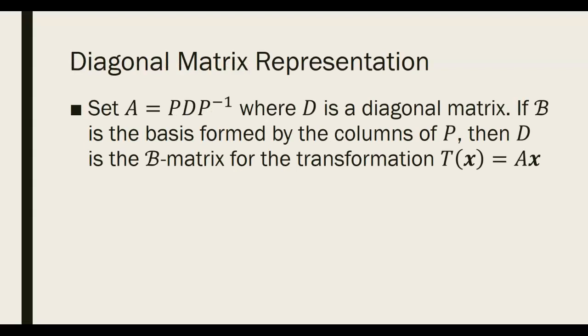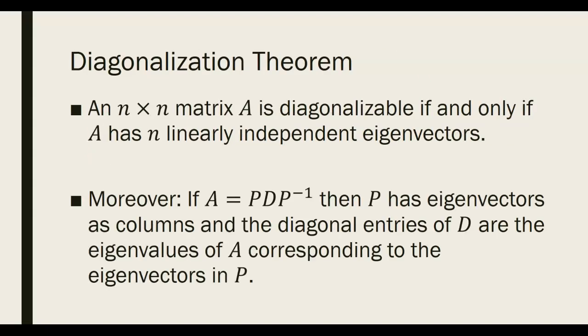Now, if we can find a change of basis matrix P where D is diagonal, therefore B is the basis formed by the columns of P, then the D can be that B matrix for the transformation, and we'd have a diagonal B matrix for the transformation.